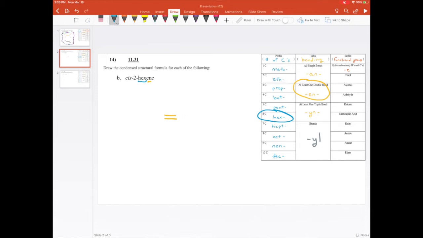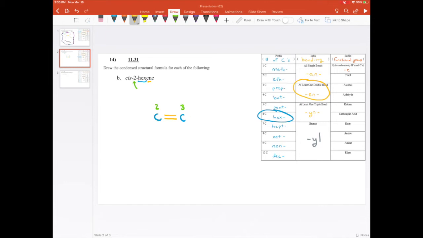So I'll have 2 carbons on either side of that double bond. Now, the number in front is 2, and that means that the double bond has to start at carbon 2. If it starts at carbon 2, it goes to carbon 3. And so we have a foothold in the molecule.